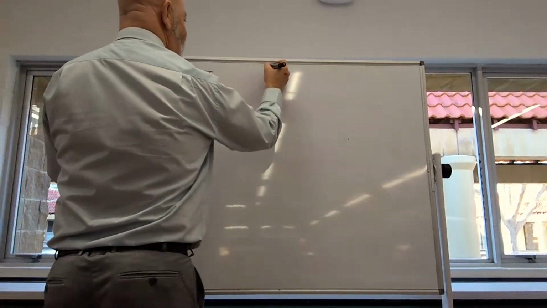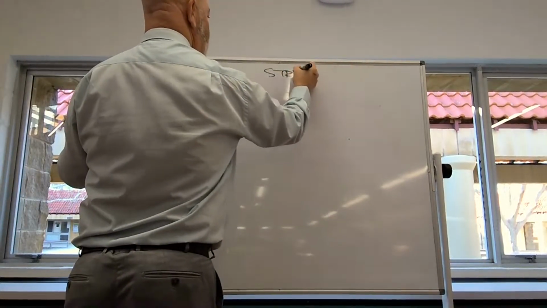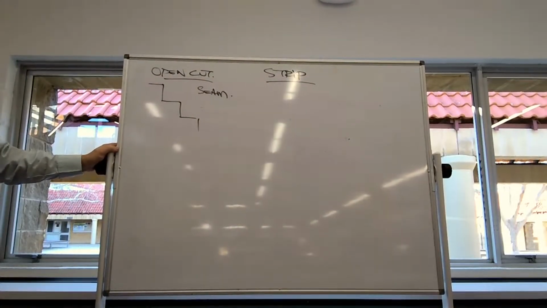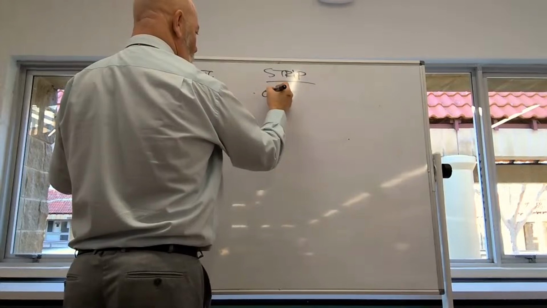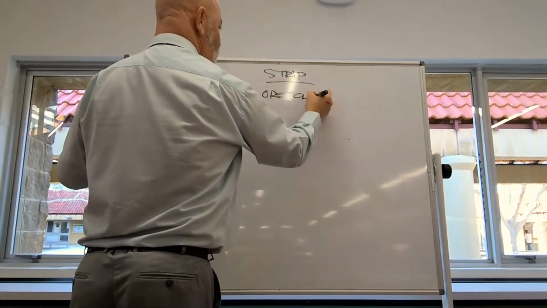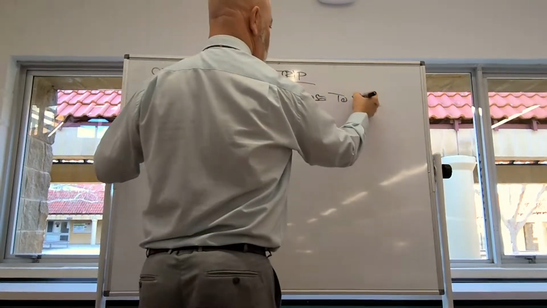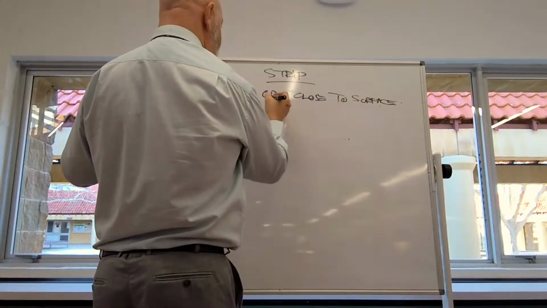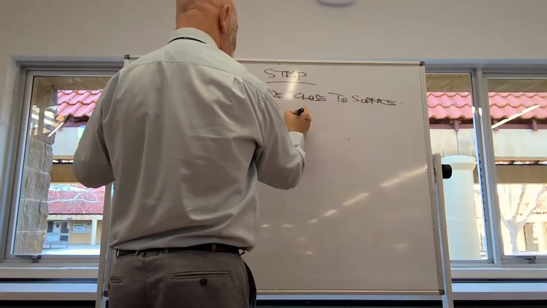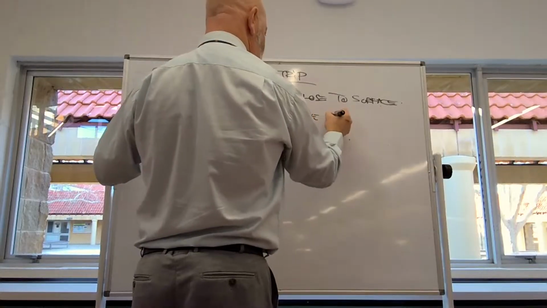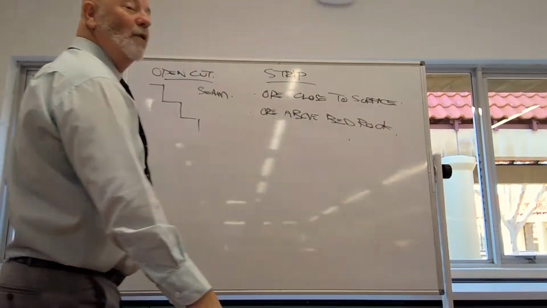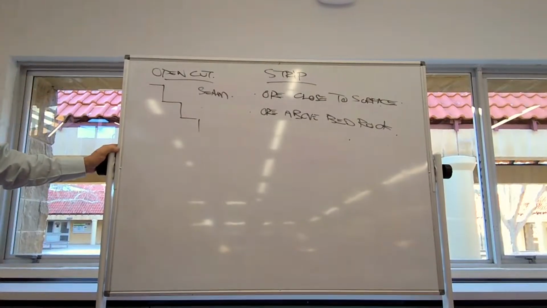The next one is a strip mine. With a strip mine, there's 2 types. One is that we've got an ore close to the surface, so it's easy to get to. Or the ore is above the bedrock. The bedrock is the igneous rock at the bottom and the sedimentary rock is on top.